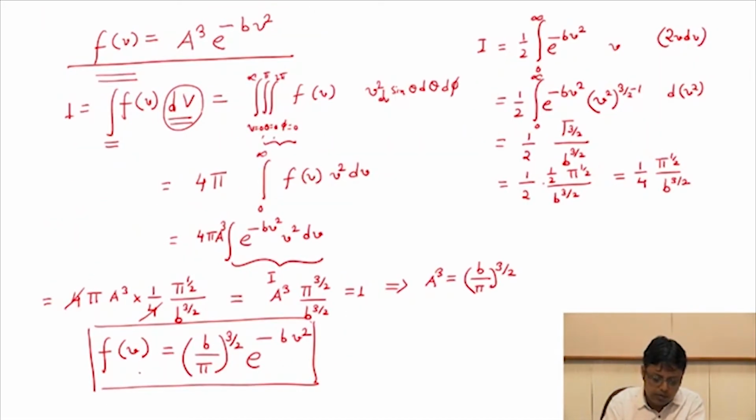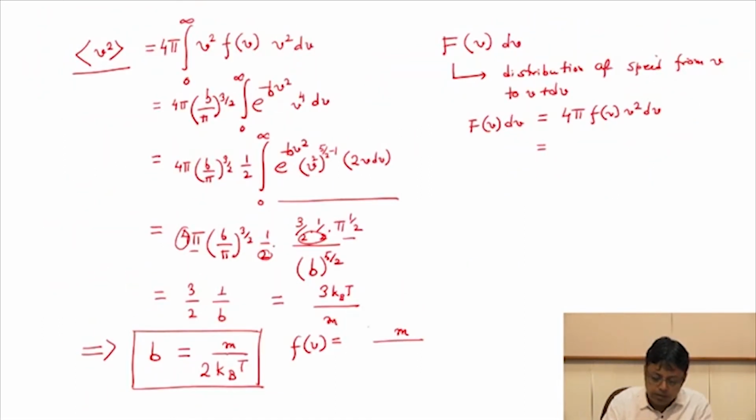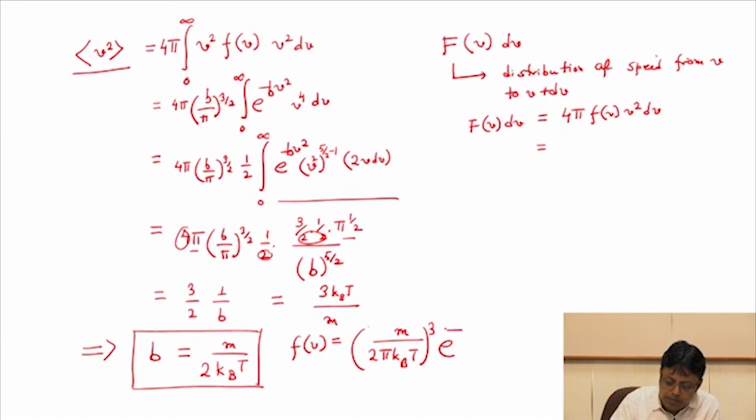So let us just rewrite it once again. F of v is b by pi to the power 3 by 2, so it will be m by 2 pi kBT to the power 3 by 2 into e to the power minus b v square, where b will be m v square by twice kBT.